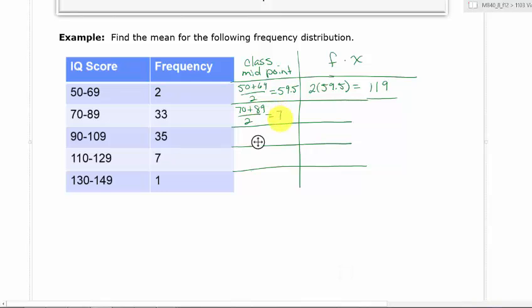That gives us 79.5, and our frequency there is 33. So we're going to take 33 times 79.5. And we get 2,623.5.